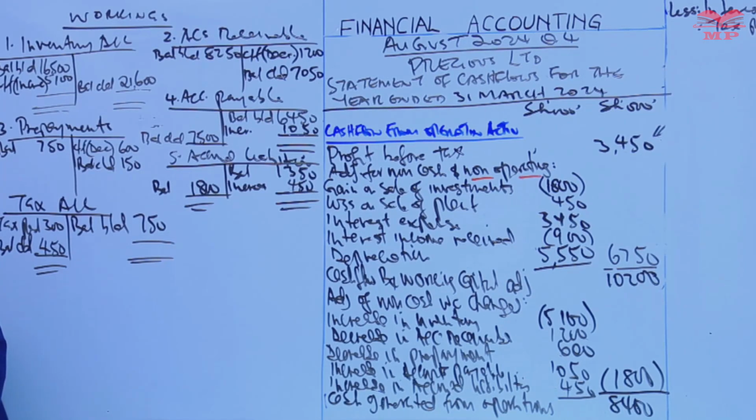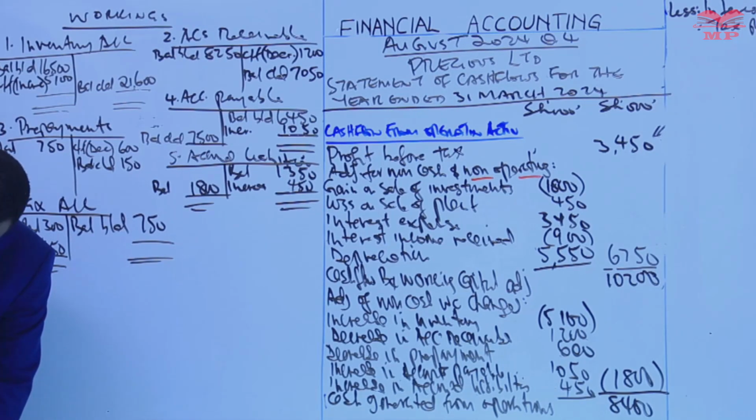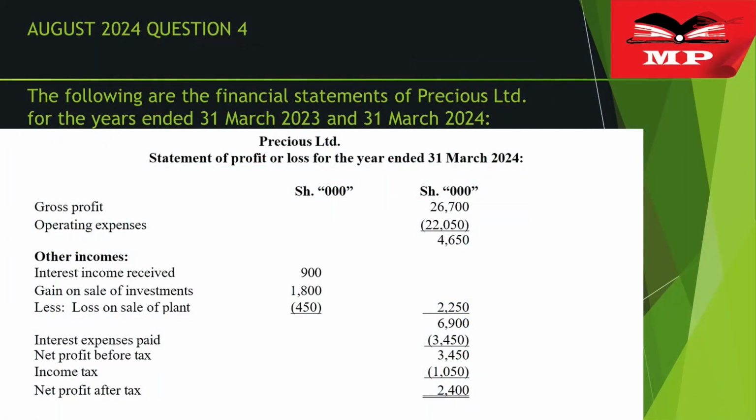Then before that, candidates, you can check, do you have any information on tax in the statement of profit? Look at the statement of profit. Do you have any information on tax? Yes, there is income tax, candidates, for the year. Just after the net profit before tax, do you see that income tax 1050?